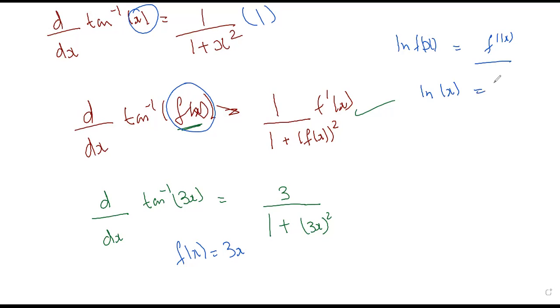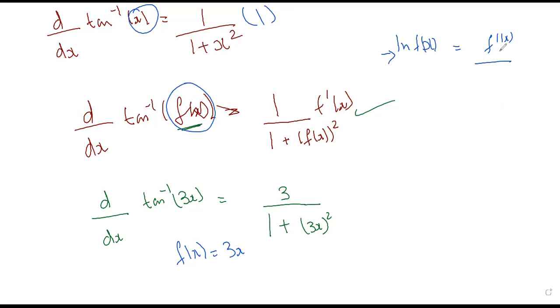But here I'm talking about f of x, because the question could be to differentiate natural log of 3x, natural log of x squared. So you should know how to deal with questions with f of x. f of x is basically any function with x in it, right? So how would you do that in case of f of x for natural log?